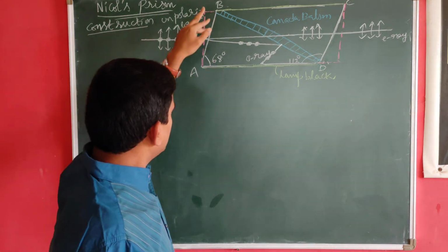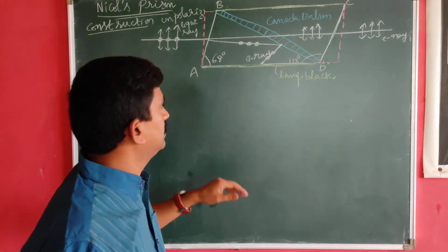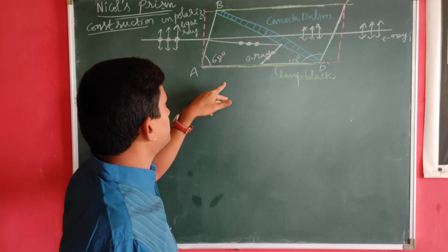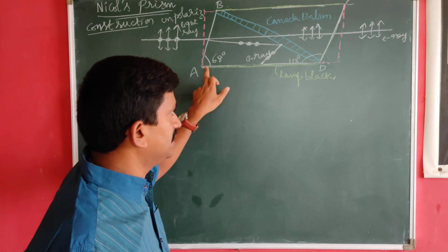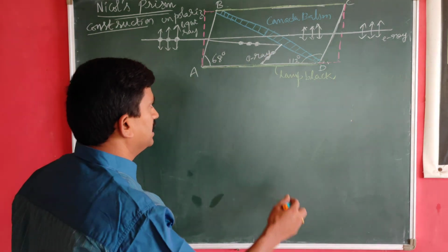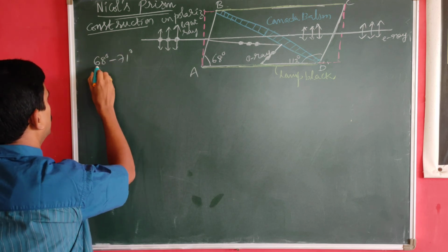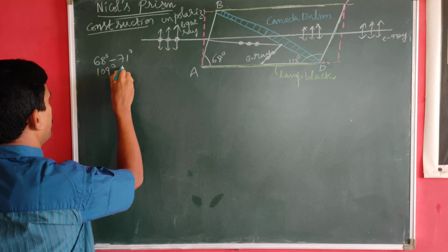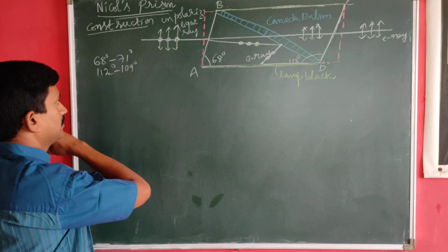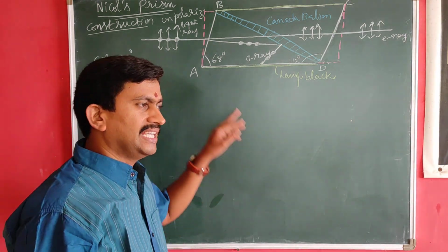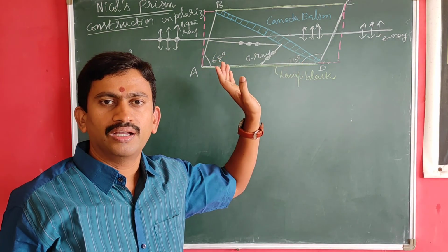And then the end faces AB and CD are highly ground in such a way that the angles in the internal principal plane become 68 degrees and 112 degrees instead of 71 degrees and 109 degrees. So this is done in order to increase the field of view of the Nicol prism.